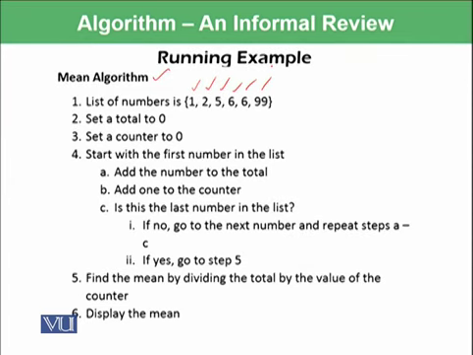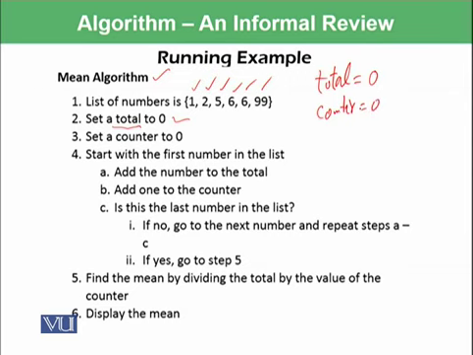First of all, you need something where you will store the total of all of these numbers, which is called total. So we have total, and you set it as 0 in instruction number 2, and then there is a counter and you set it as 0.